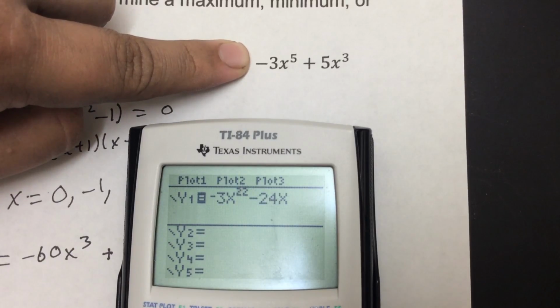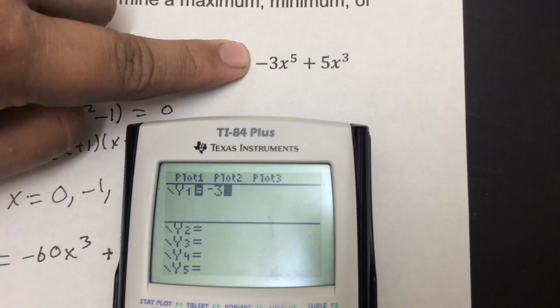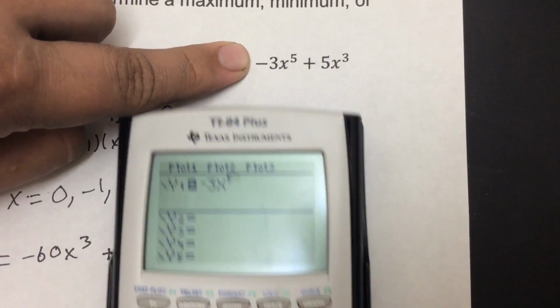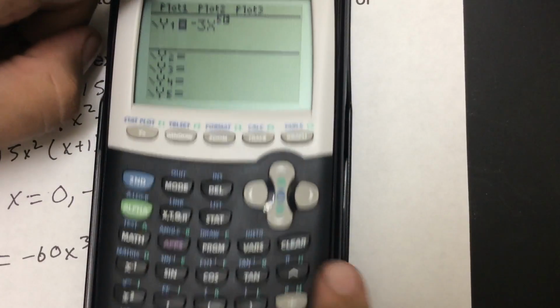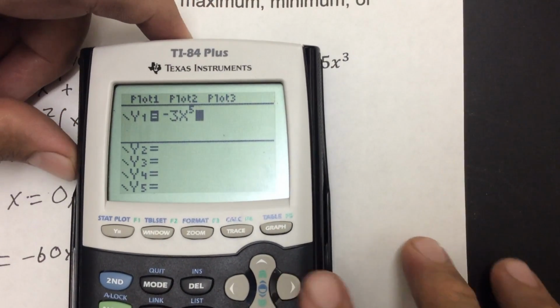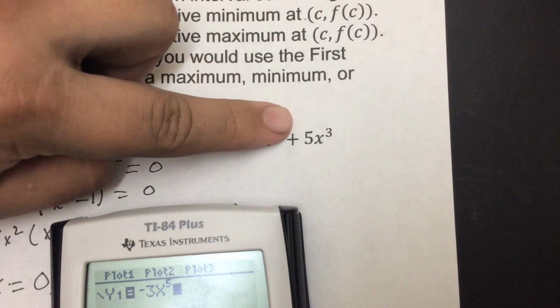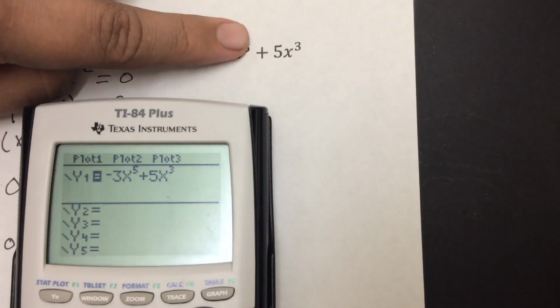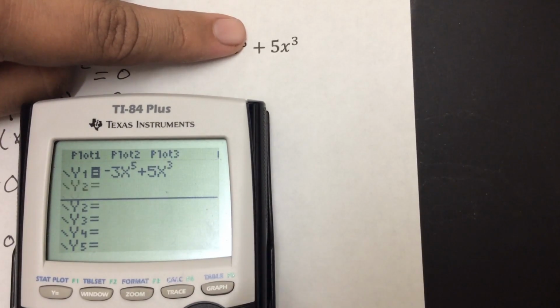Let's clear this out. Negative 3x raised to the fifth. So use your caret button to raise it to the fifth. Arrow to the right to get out of it. And then it's plus 5x. Again, use that caret button to get to the third. So that's going to be my y1.